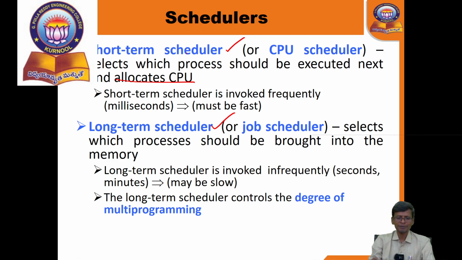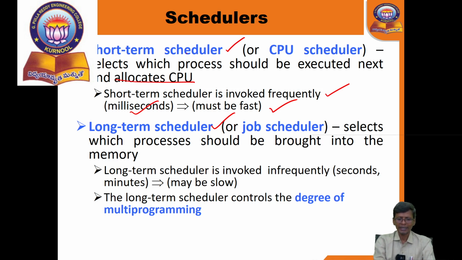Another difference between the short-term and long-term scheduler is that the short-term scheduler is executed frequently, in milliseconds. For every millisecond, a new process will be selected for execution. So it is very fast.